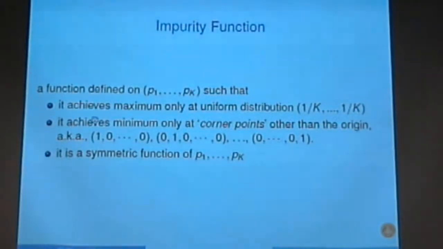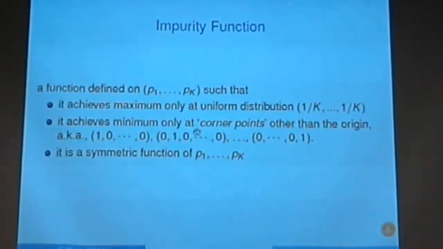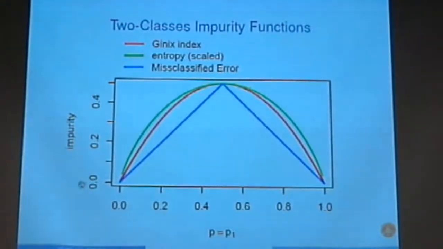And achieve minimum only at the corner points, also seen here. At this point, the class probability for class number 1 is 0 and for class number 2 it is 1. P1 is 0 and P2 will be 1. So these are the corner points, both ends. All these are satisfied.